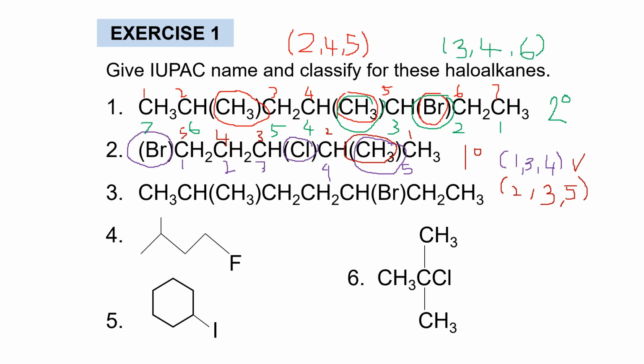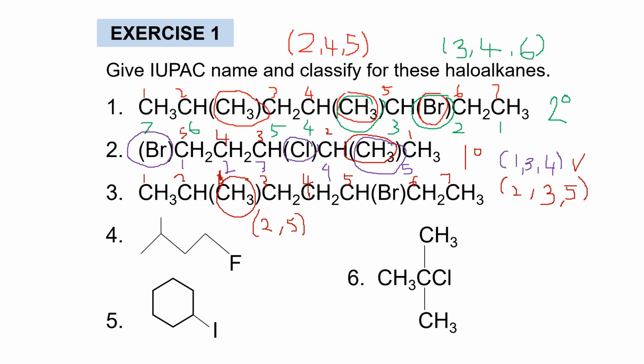For question number 3, if you start from the left side, numbering 1 2 3 4 5 6 7, you will get heptane as the parent, with methyl on carbon number 2 and bromine on carbon number 5.